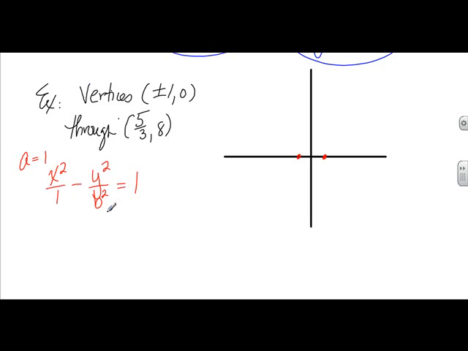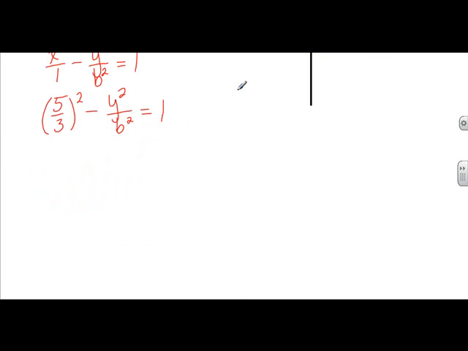So if I substitute in 5/3 for x, that gives me an equation that I can solve for b. Takes a few steps, but you will eventually get to the point where you find that b is equal to 6. So you want to make sure that you can do that algebra.